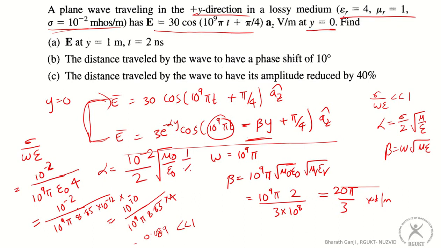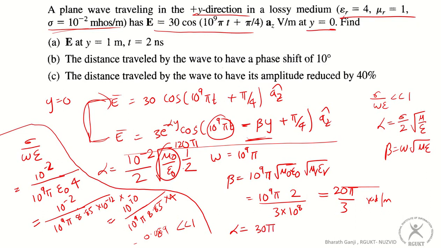We get a number as 1 by 2, but this is nothing but 120 pi. So that gives you alpha as 30 pi into 10 to the power of minus 2.